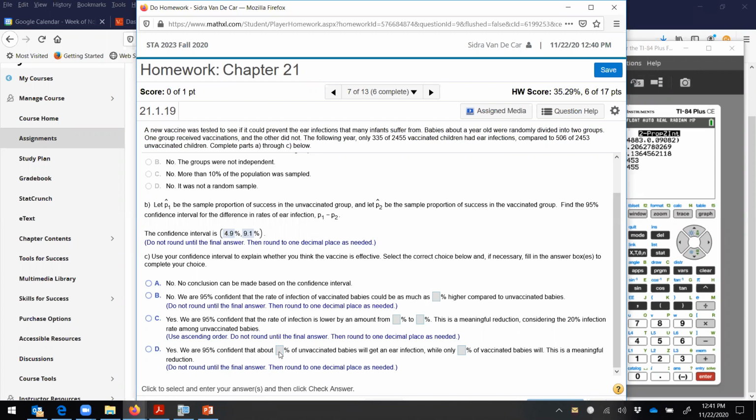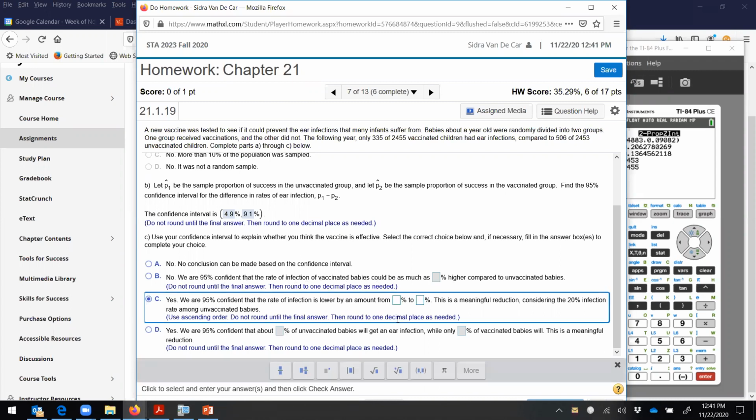We are 95% confident that about, no. So let's try this. We are 95% confident that the rate of infection is lower by an amount from 4.9% to 9.1%. This is a meaningful reduction considering the 20% infection rate among unvaccinated babies.